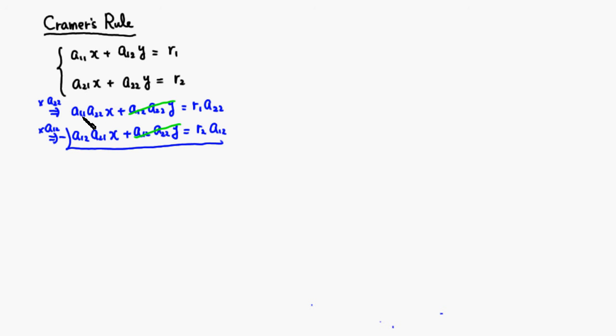Let me just factor out the x here. Then I'll write a11 a22 minus a12 times a21 is equal to r1 a22 minus r2 a12.